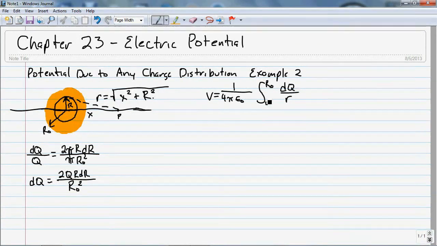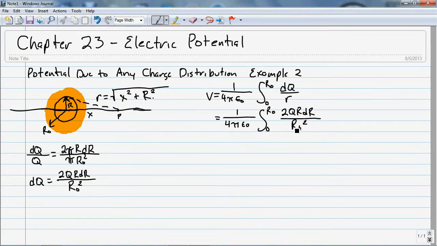Now I can substitute, and my dq is 2q r dr over r naught squared.